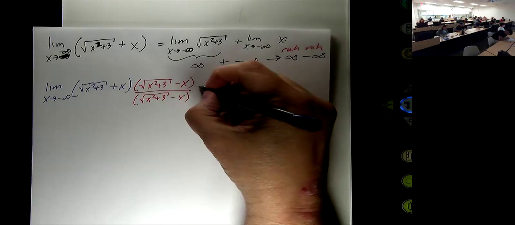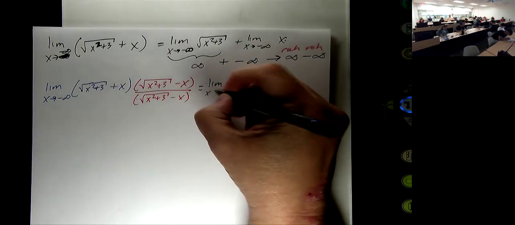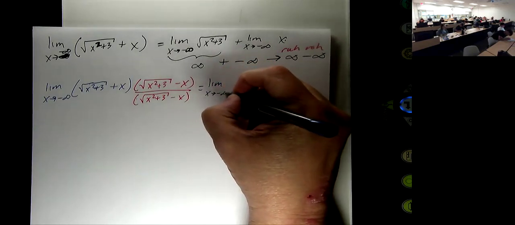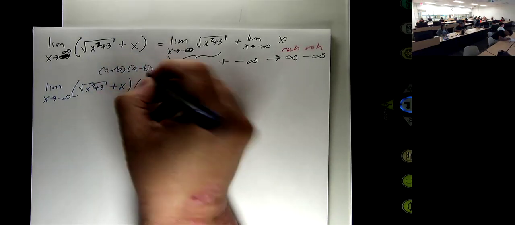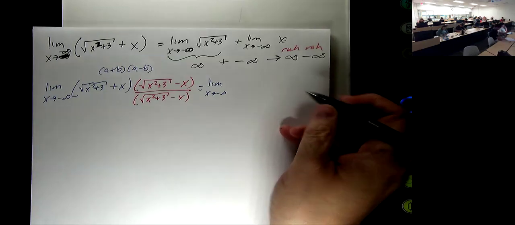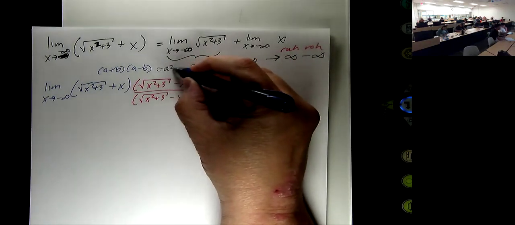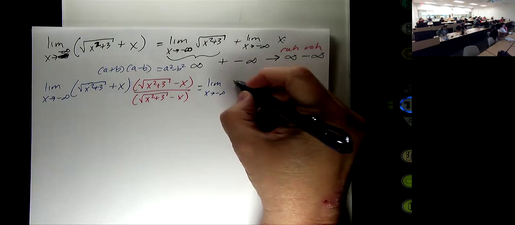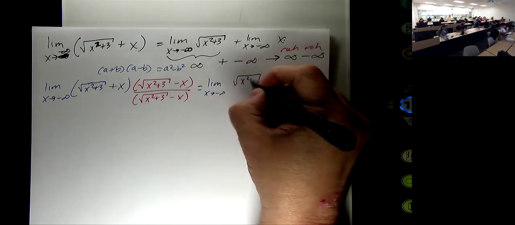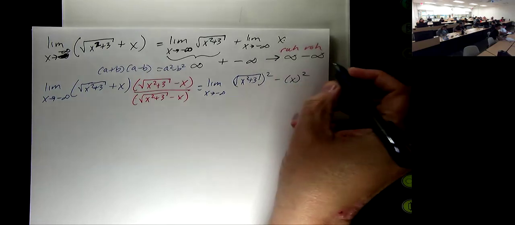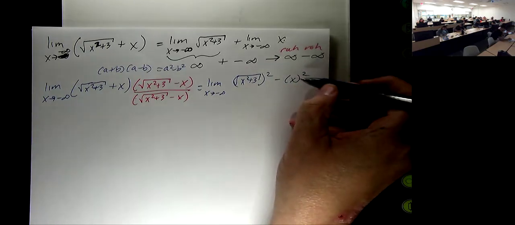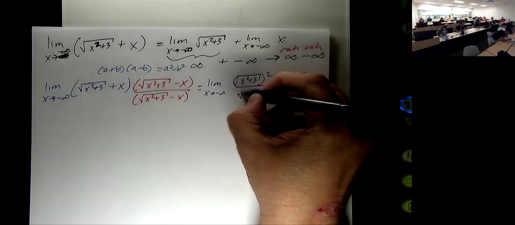If I do that, the top is like A plus B, A minus B, so this is gonna be like difference of squares. I will have x squared plus 3 squared minus x squared. And on the bottom, I still just have what I had.